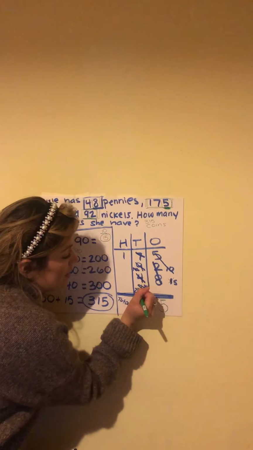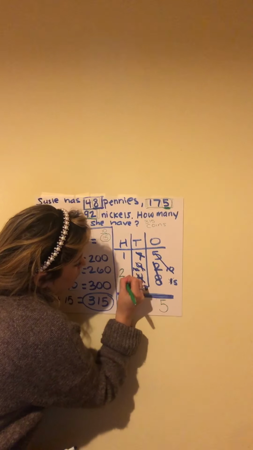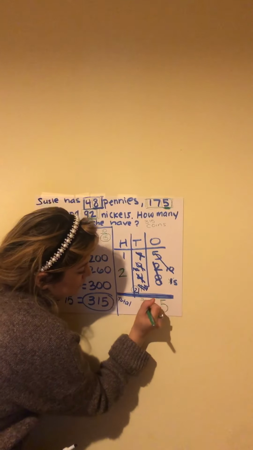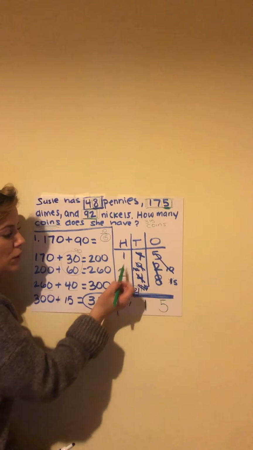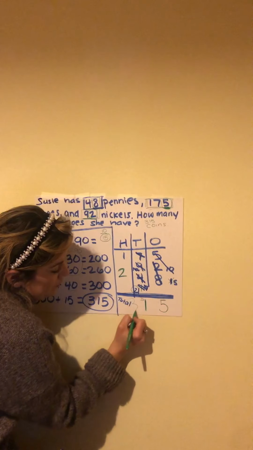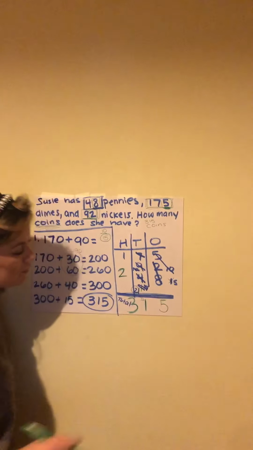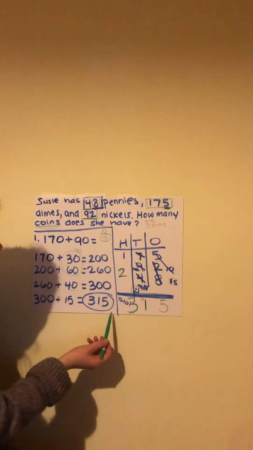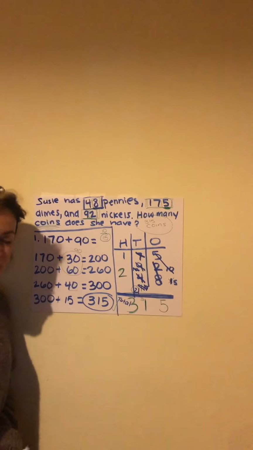So we have to carry this 2 over to our hundreds place. And we bring our 1 down. 200 plus 100, 2 plus 1 is 3. So that tells me that my total is 315. That's the answer I got in my first strategy, so I know that this must be the correct answer.